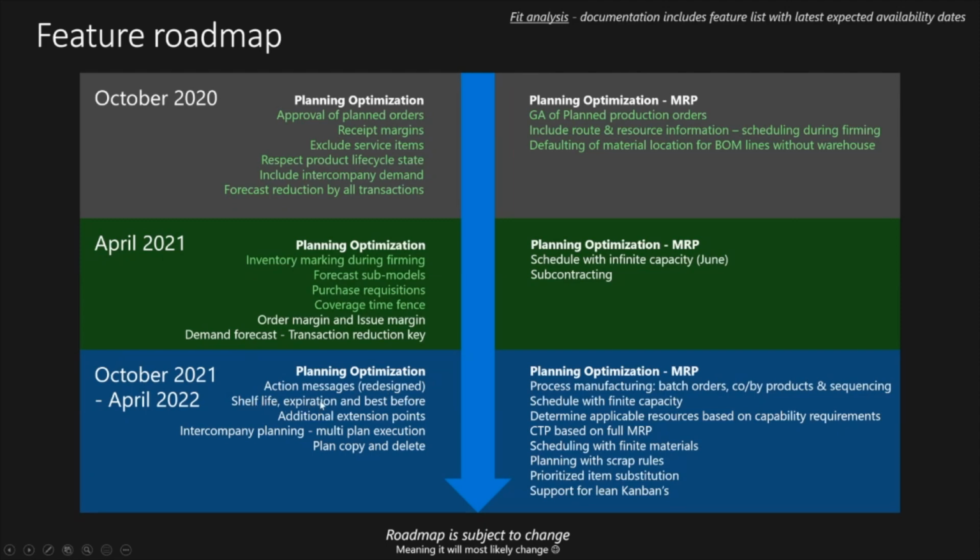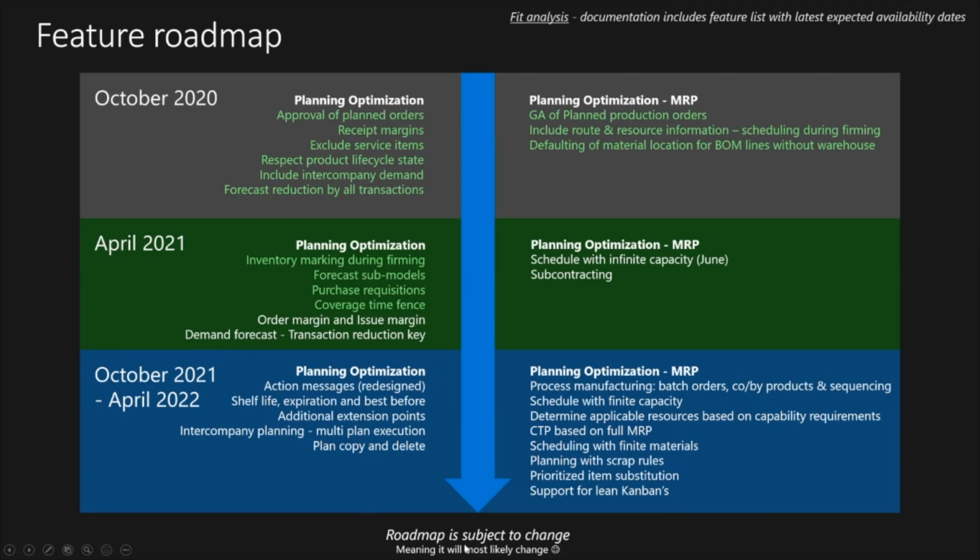Shelf life, expiration date, and best before is also something that we are getting a lot of requests for. So we're also trying to see if we can squeeze it in as soon as possible. And once we have that, we have the schedule with finite capacity for manufacturing, and CTP is also high on our list. And then you can basically see the rest that we have on here.